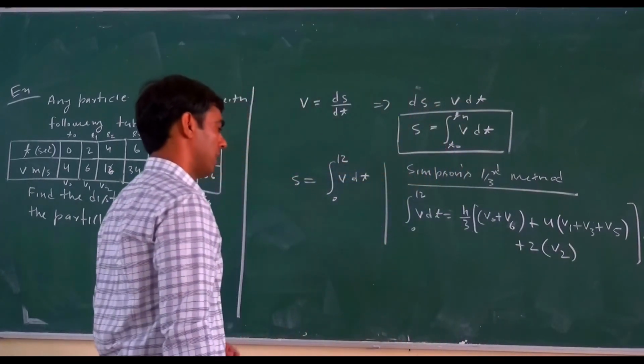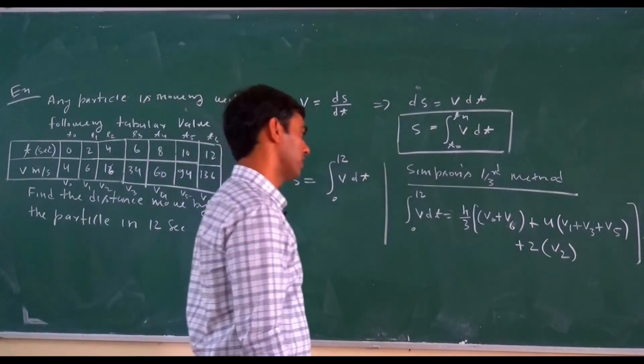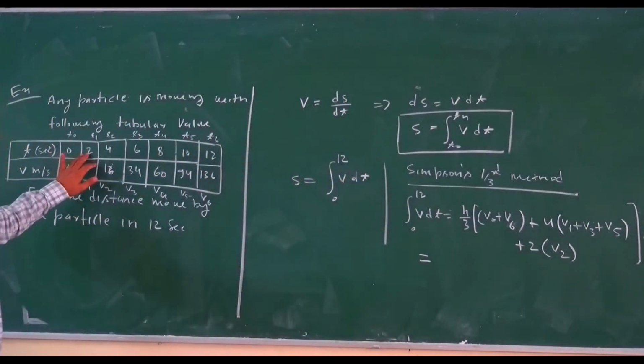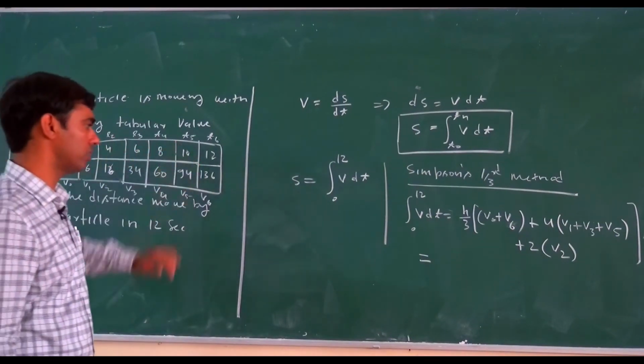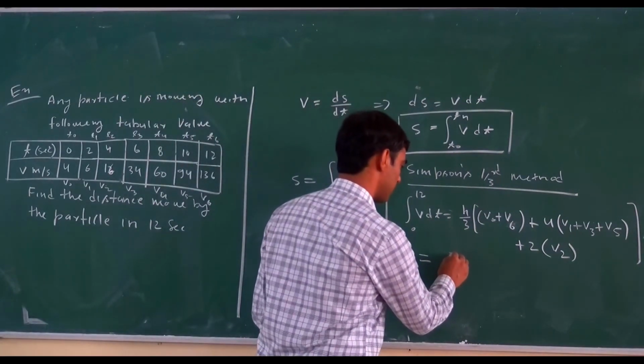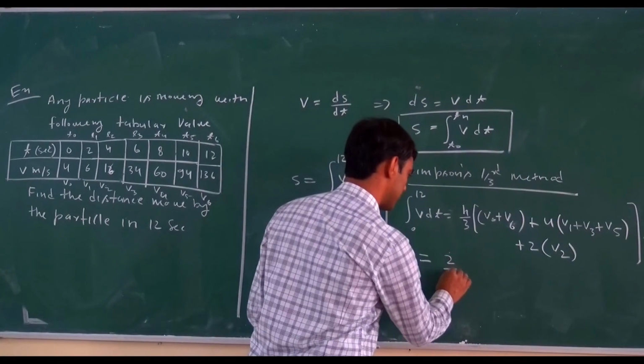So if we put in these values, what is the value of h? If we closely observe this data, it is given in class intervals of 2: 0 to 2, 2 to 4, 4 to 6, 6 to 8, 8 to 10, 10 to 12. So h is 2, so 2 by 3.